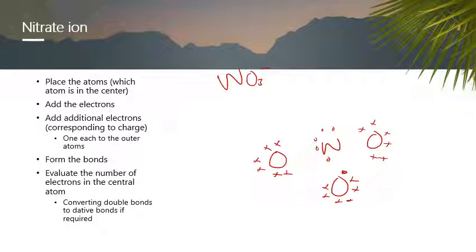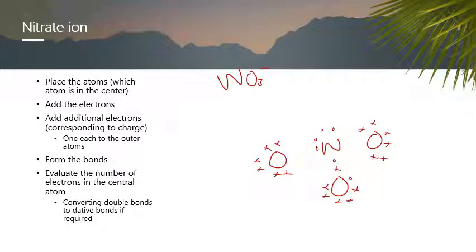Okay, so because the one below now has 7, it only wants to form 1 bond. So let's just write it off. So it only forms 1 bond.